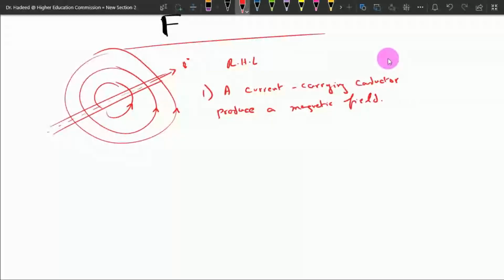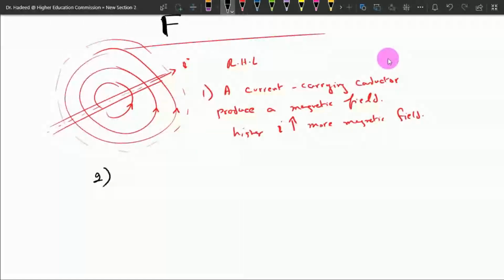And the strength of this magnetic field, that is, how far the magnetic effect reaches, depends entirely on the amount of current that flows through this conductor. So the higher the value of I, the more the magnetic field. This is the first point with respect to the electrical machine course.